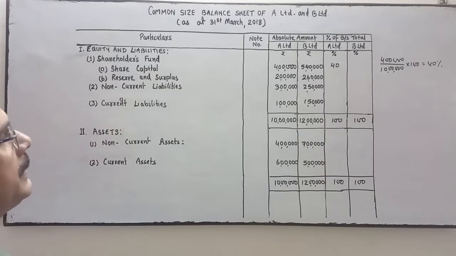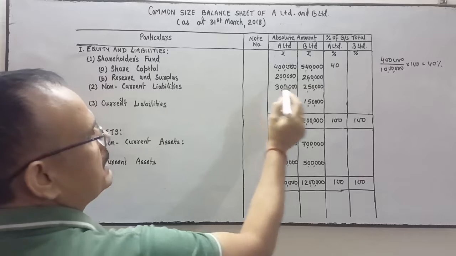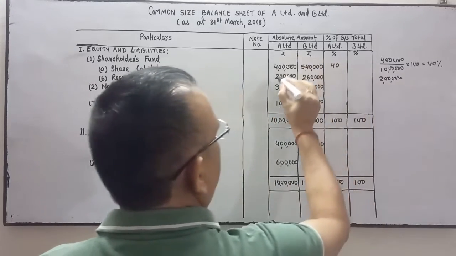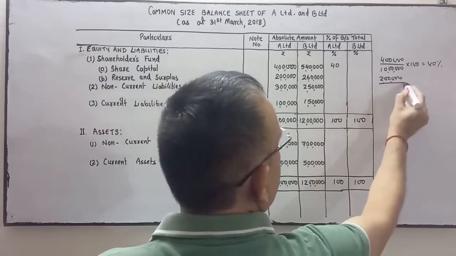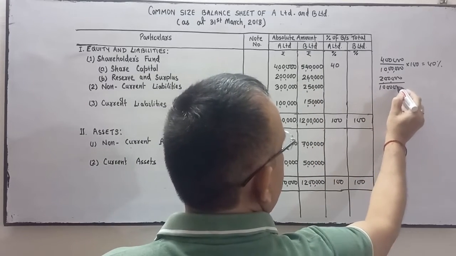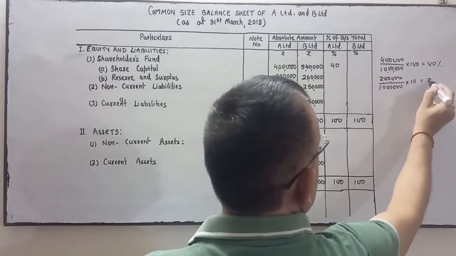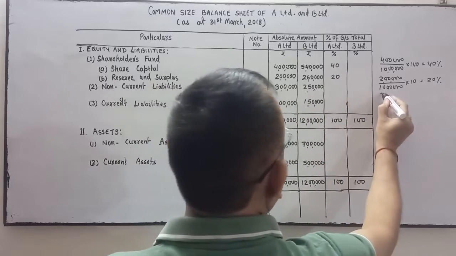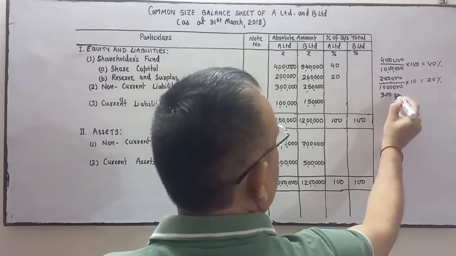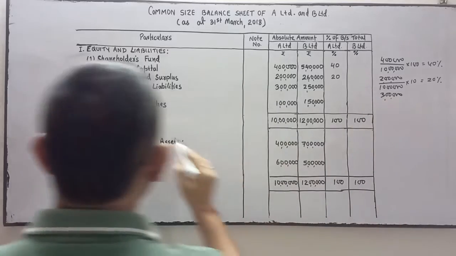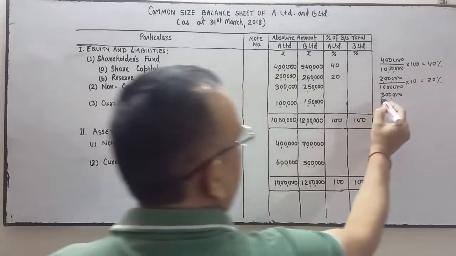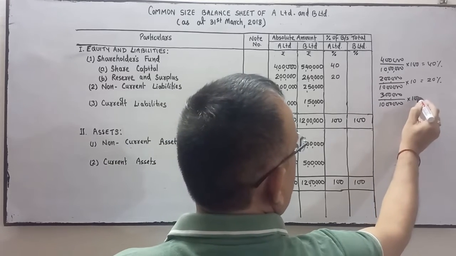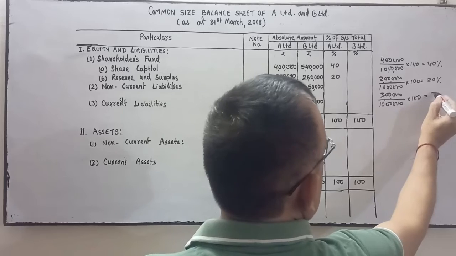Similarly, your reserve and surplus is 2 lakhs for A Limited, and total equity and liability is 10 lakhs into 100. So it is 20%. Write 20 over here. Here it is 3 lakhs. Your non-current liability 3 lakhs upon total equity and liability 10 lakhs into 100. So it is 30%.